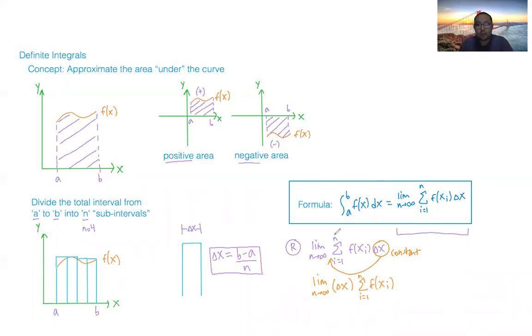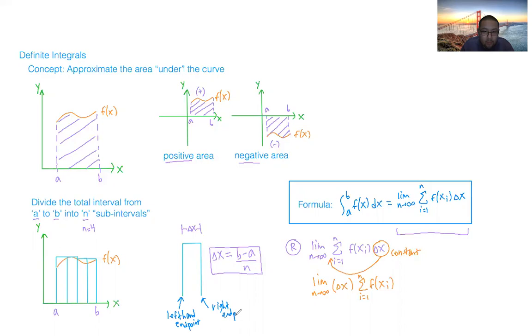Let's go over this more specifically with an example. Before we do that though, I almost forgot. By looking at our subinterval, we're going to be able to approximate using either a left endpoint or a right endpoint.